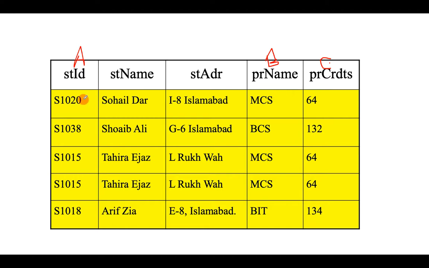According to these functional dependencies, we can get one additional functional dependency, that is student ID determines the program credits. This is called transitivity. So we can assume that the student ID will also determine the program credits.